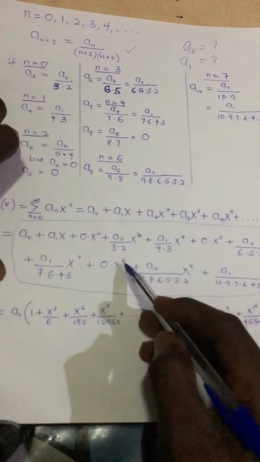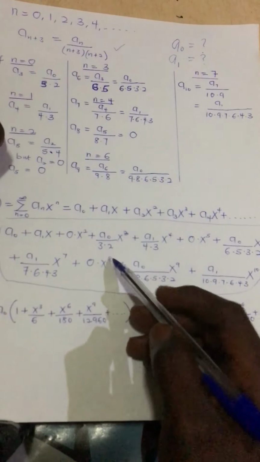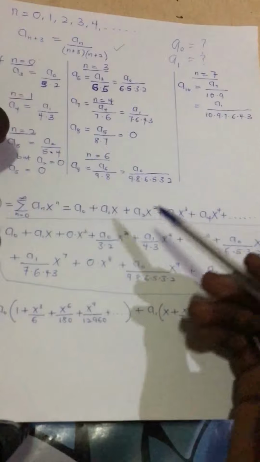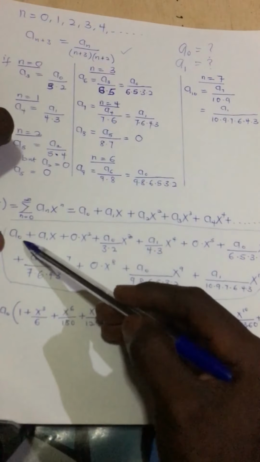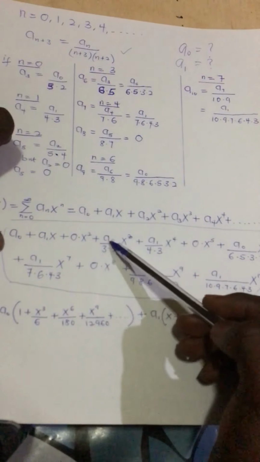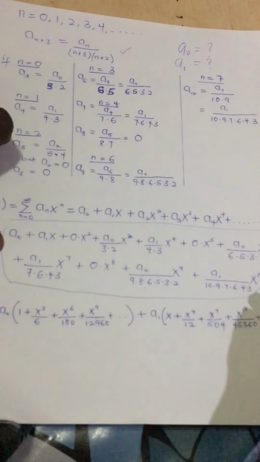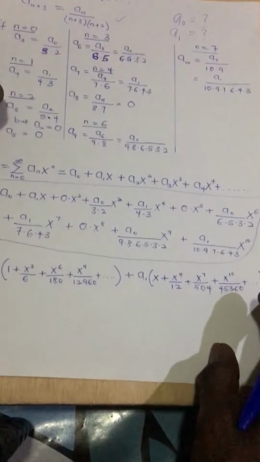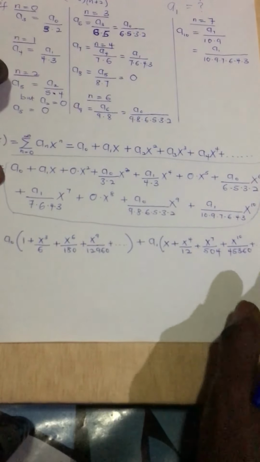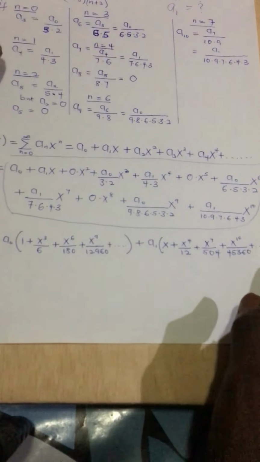Now, looking at the series, you can see that we can see a naught here, a1 here, a naught here, a1 here, a naught here, a1 here throughout the series. Are you okay? So what we are going to do is that we are just going to group like terms, and then we simplify. Are you okay?